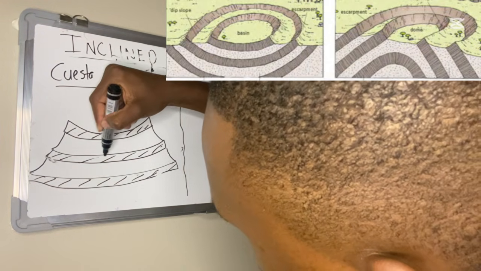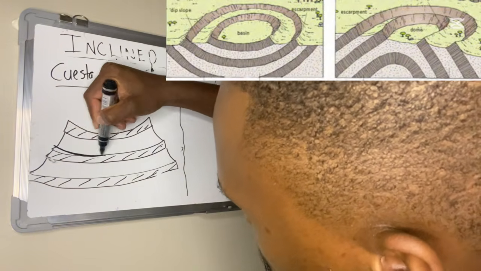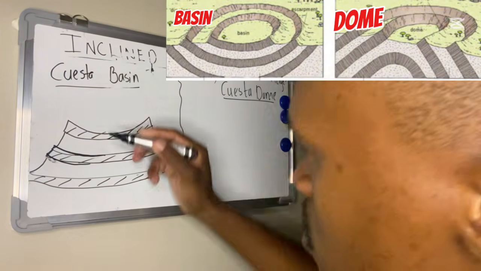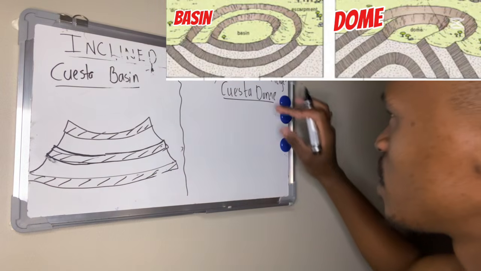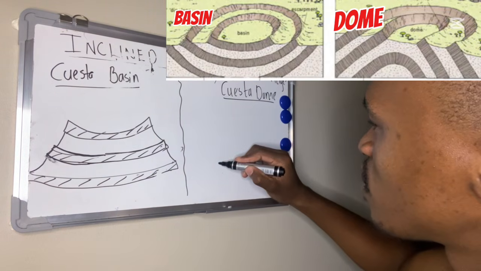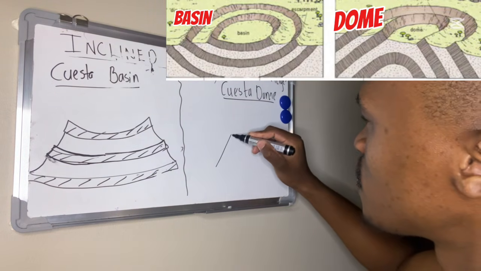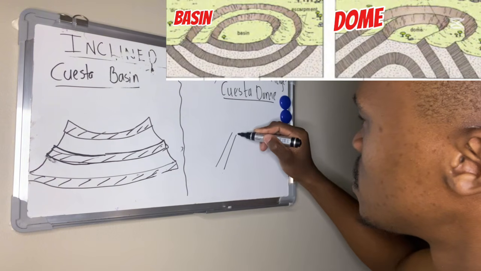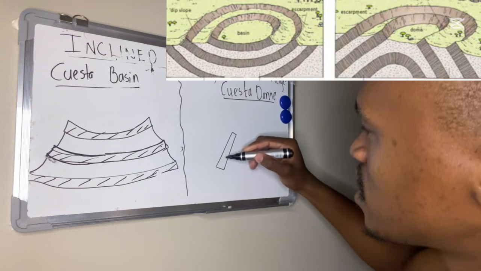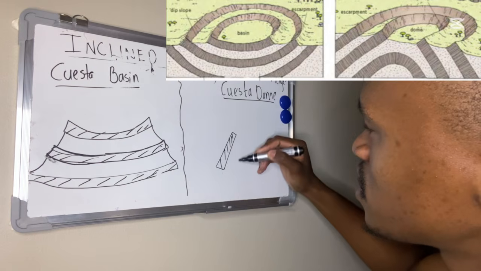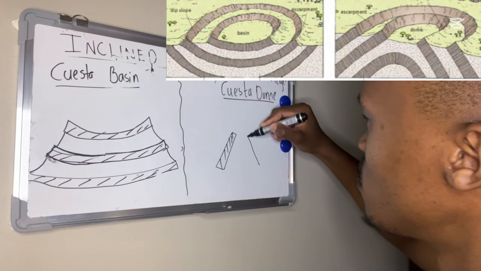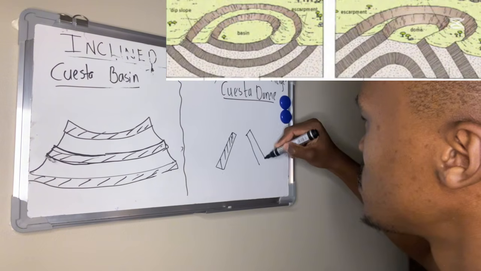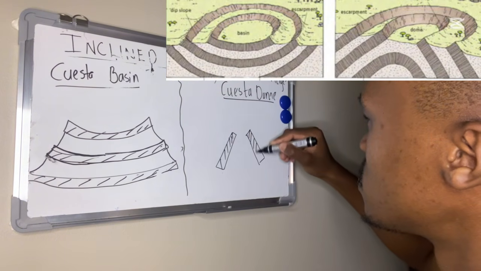This one is supposed to sink also. Can you see that? Circular depressions, right? Now let me just draw my Cuesta dome, right? For Cuesta dome, you must know that the hard rock is facing upwards. Can you see that? This hard rock is now facing upwards. For my Cuesta dome, the hard rock faces upwards.